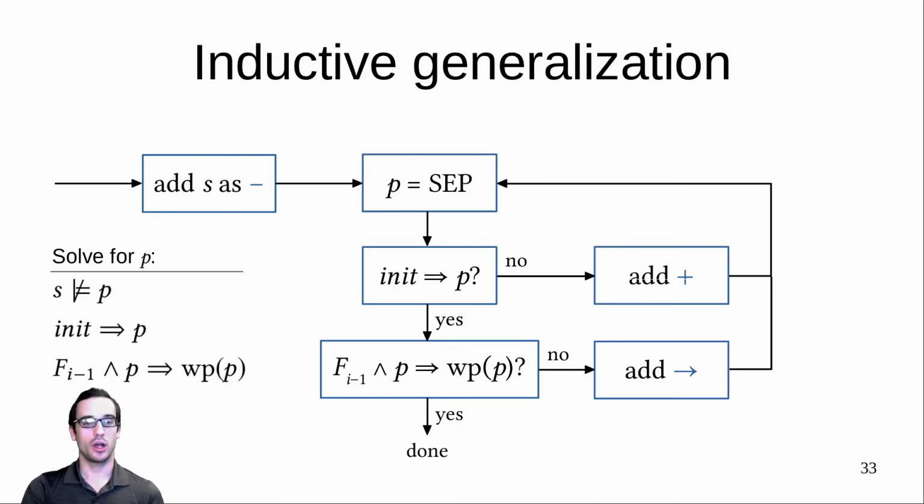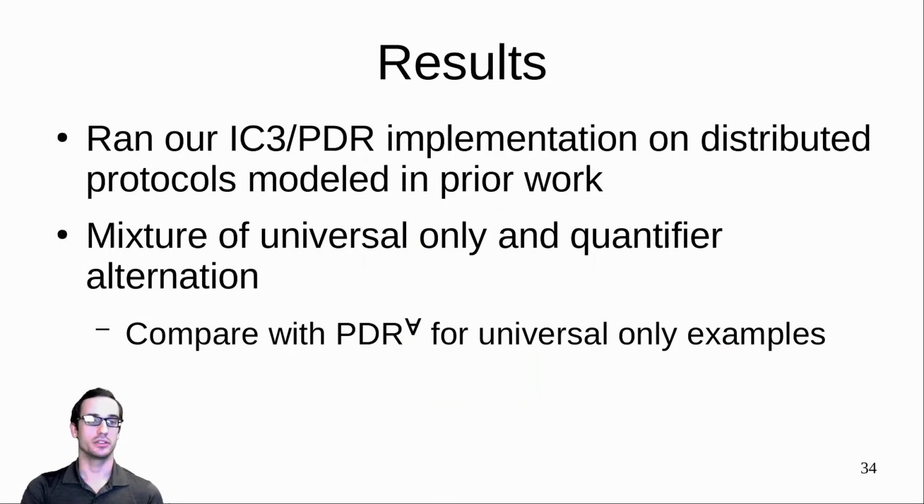So this describes our invariant inference algorithm. Now we can discuss its results on a collection of distributed protocols that have been modeled in prior work. We have both examples with universal-only invariants and those whose invariants require quantifier alternation.